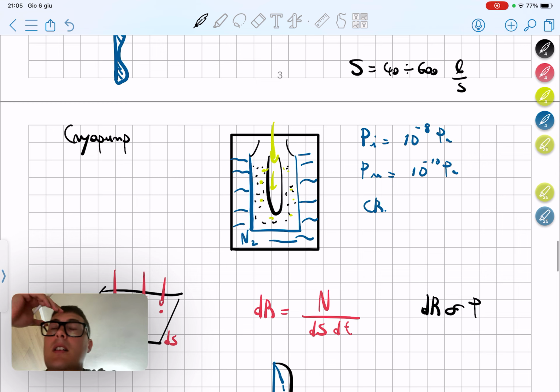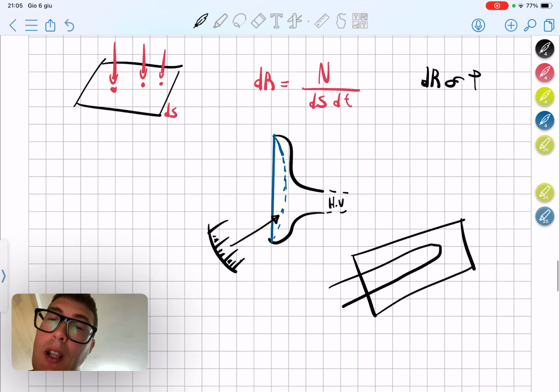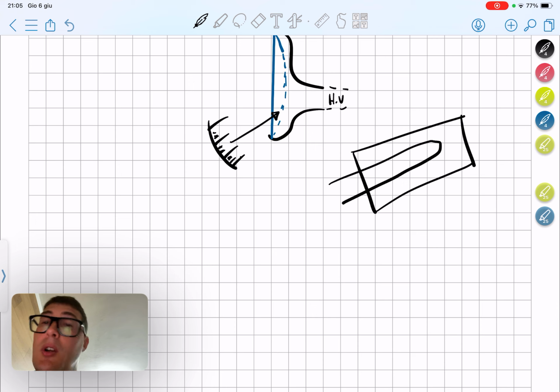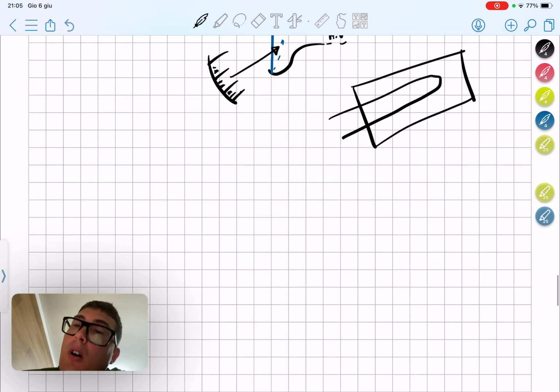In some experiments, we might need to know what type of residue gases there are inside the container. So it's not a matter of only pressure. We also want to know what type of gas is still present in the chamber, because maybe it's an aggressive gas or it has some potential interference with the sample and so on.